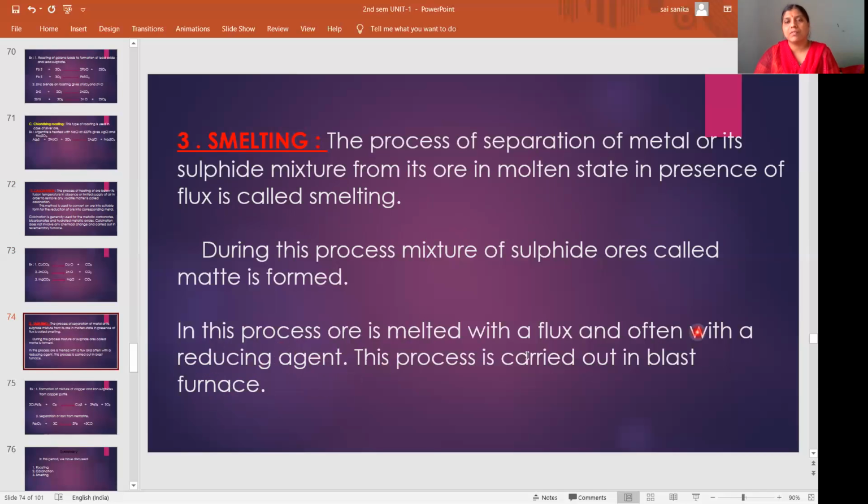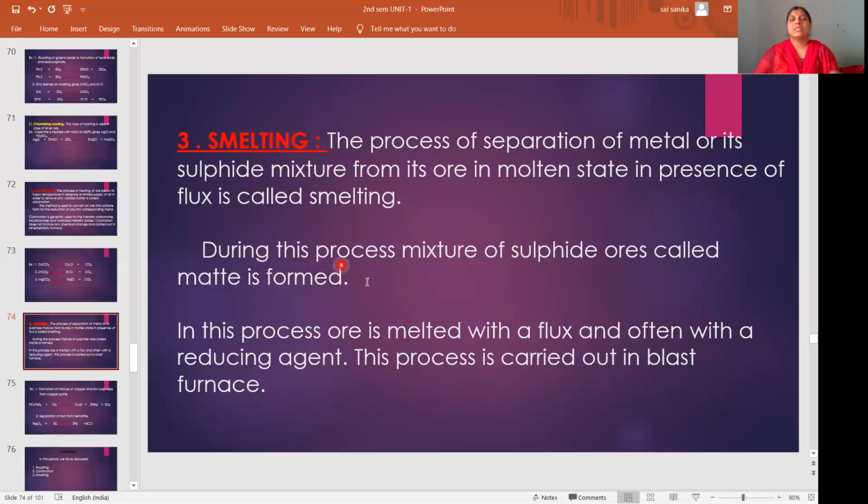So this process is carried out in which furnace? Blast furnace. Roasting and calcination are carried out in a reverberatory furnace, whereas this one is carried out in a blast furnace.